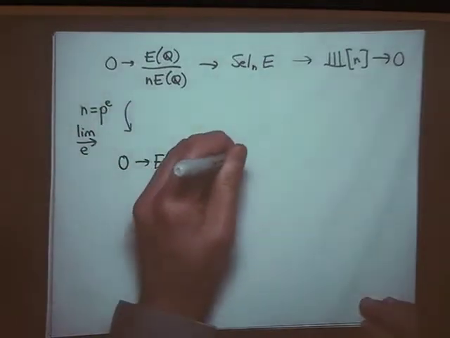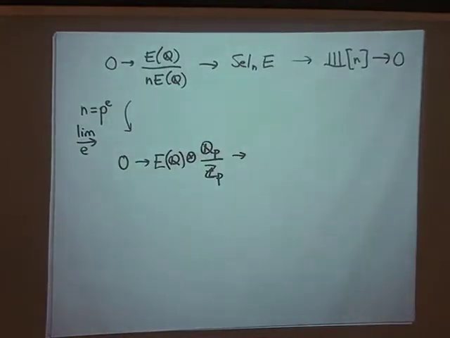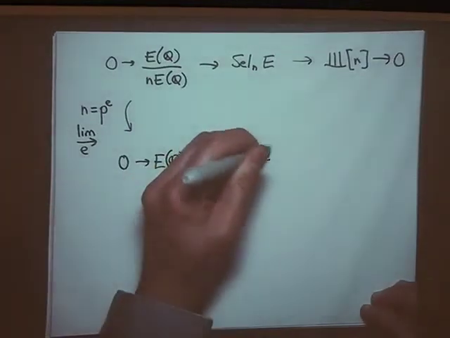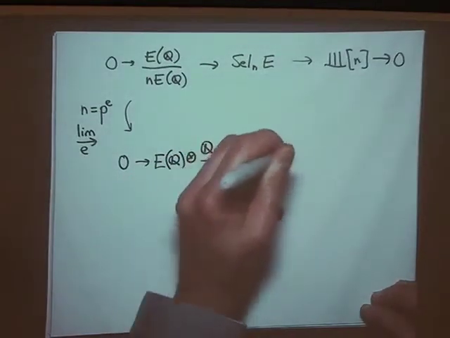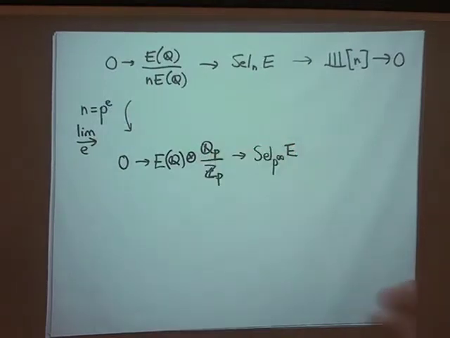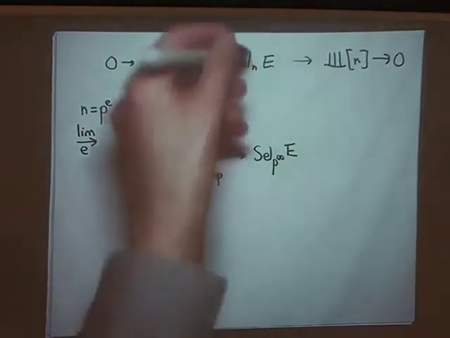And what's the direct limit of the Selmer group? Well, that's not really anything particular, so you just invent a new notation for it. It's called the p to the infinity Selmer group, by definition the direct limit of those.